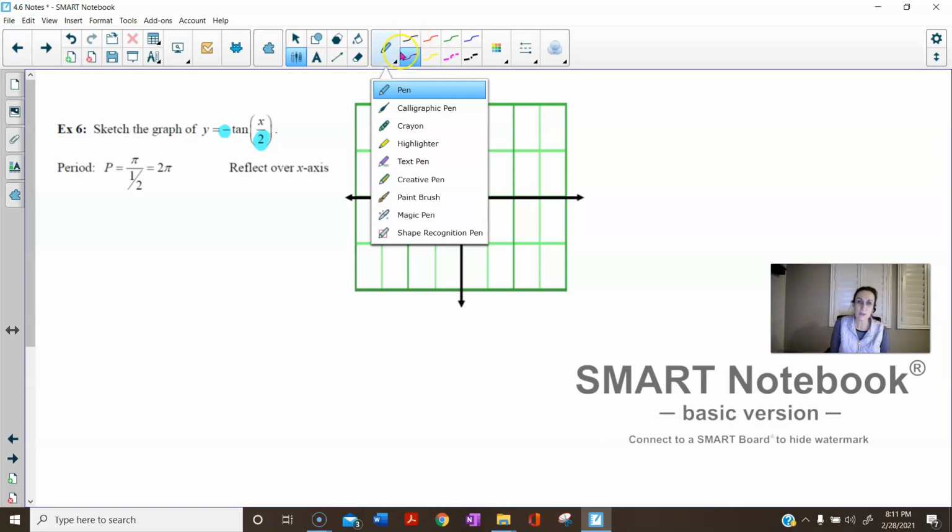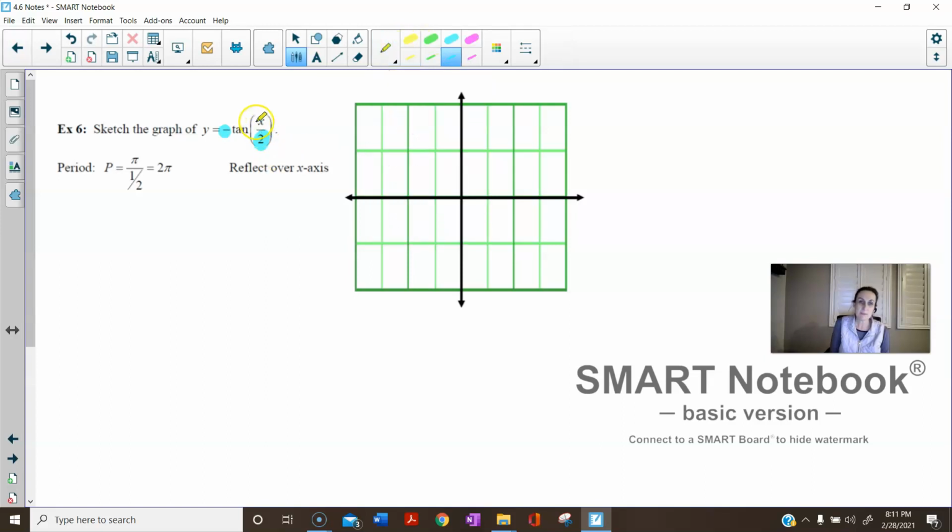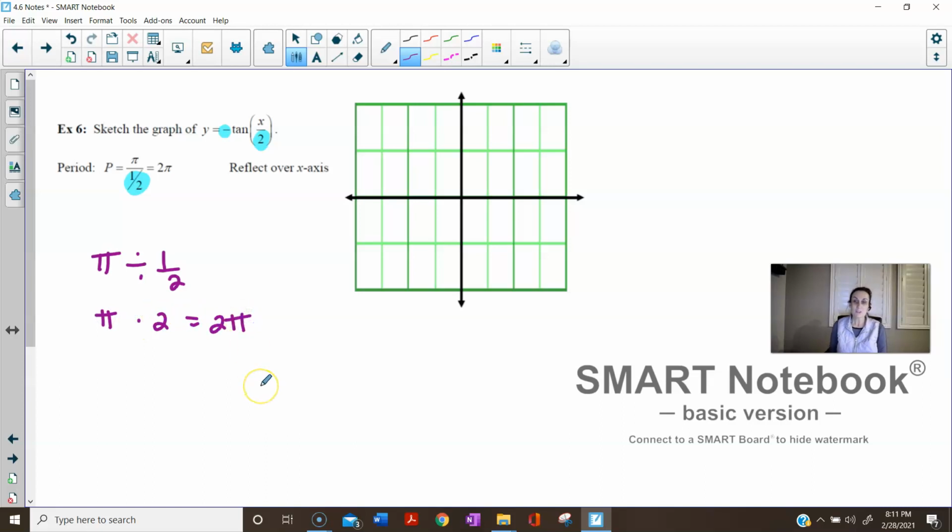And you see that 2 on the bottom? That makes b 1/2. So here's your 1/2. So pi divided by 1/2. So basically, pi divided by 1/2 is the same thing as pi times 2, which is 2 pi. So this graph is going to repeat every 2 pi units.